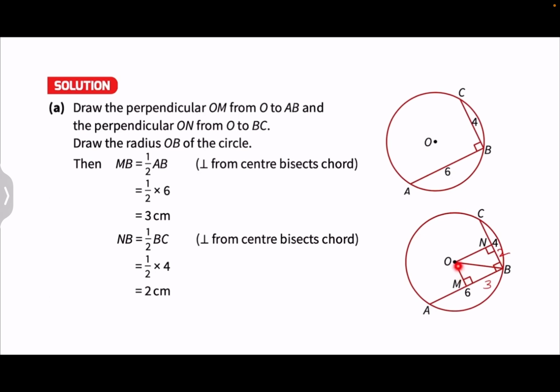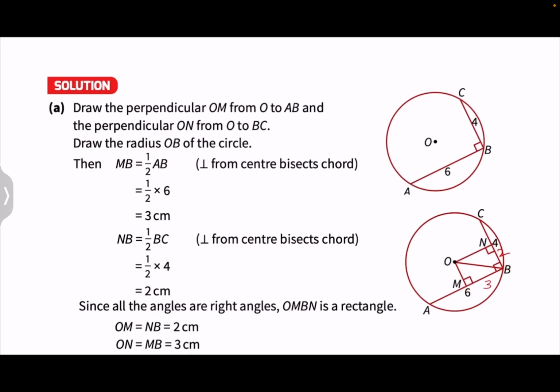Now observe that for OMBN, we have three angles here, which are all right angles. So this last angle at vertex O will be a right angle as well. So OMBN will be a rectangle. So since OMBN is a rectangle, OM will be equal to NB, which is 2 cm.